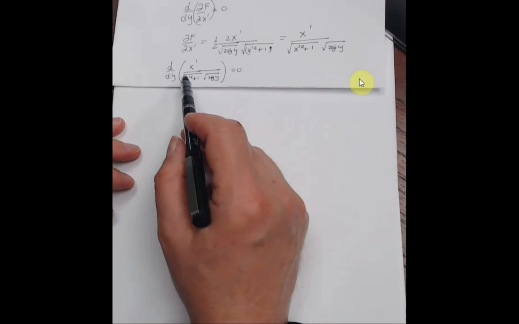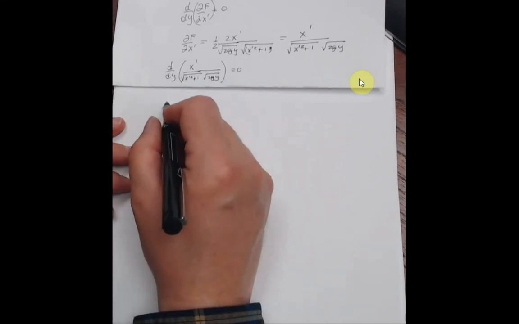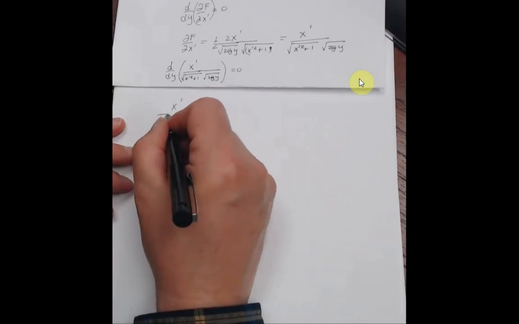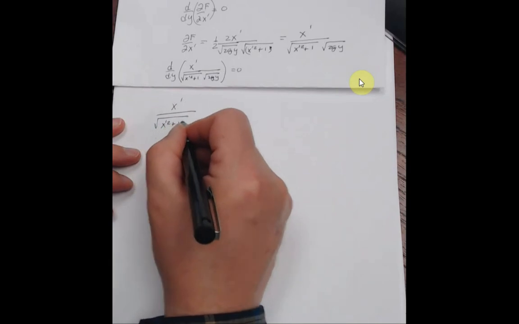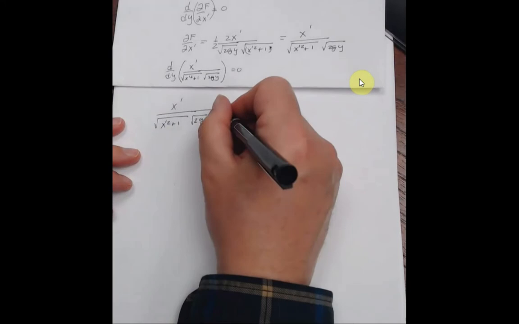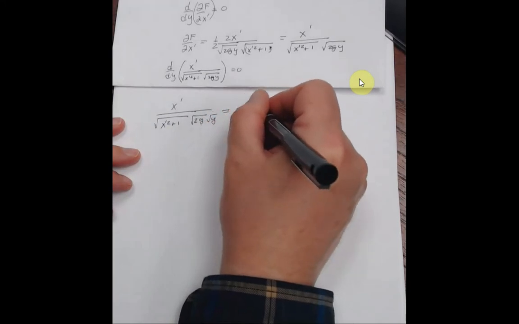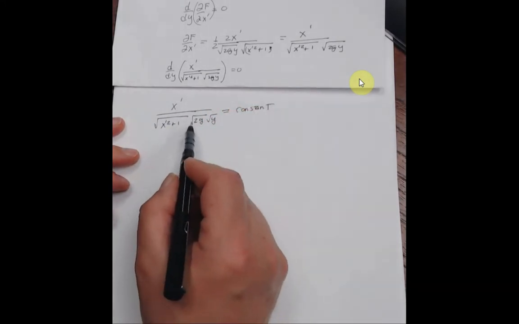Okay, so if this is equal to 0, what that means is that x prime over square root of x prime squared plus 1, square root of 2g, square root of y, I'm pointing that out for a reason, is a constant. And I pulled the square root of 2g out because that's a constant too.